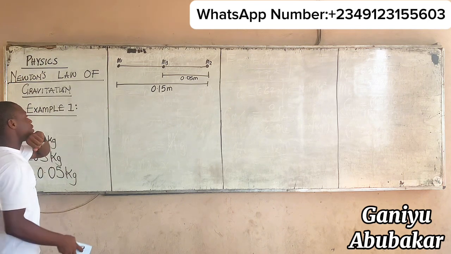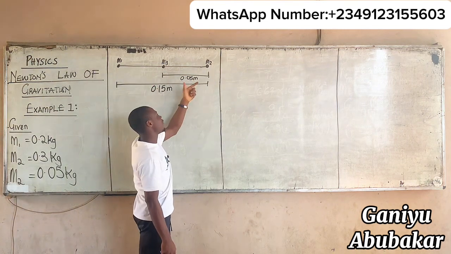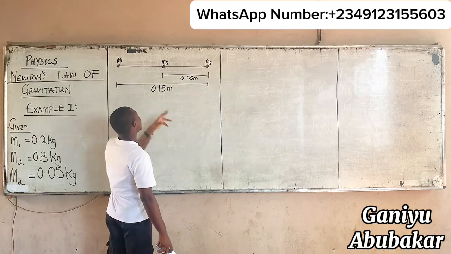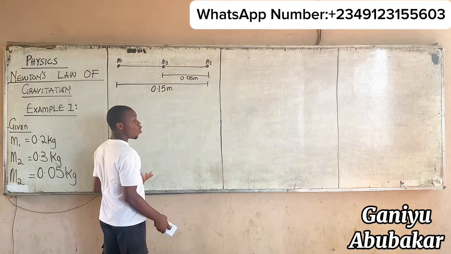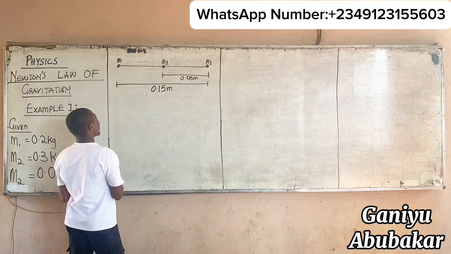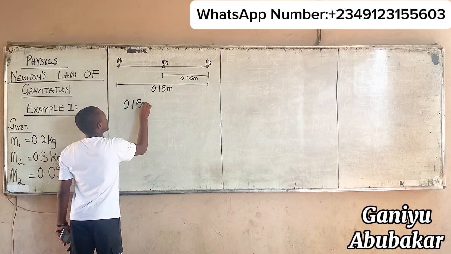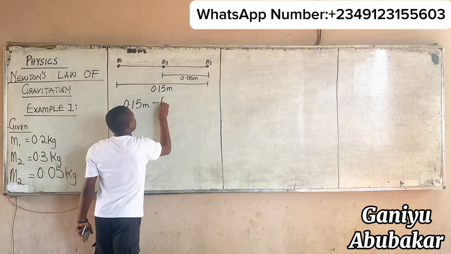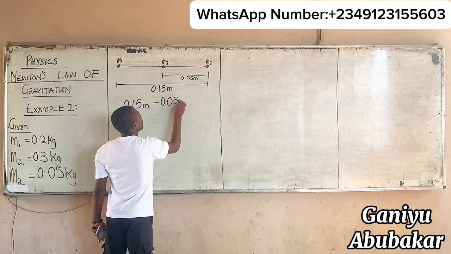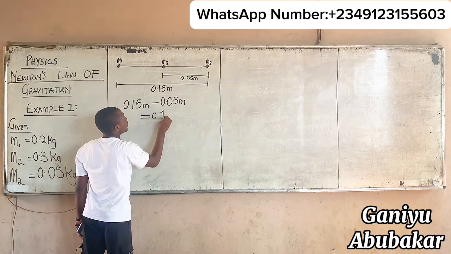Here's the concept, please. If M3 to M2 is this value, what exactly is M1 to M3, or M3 to M1? It's as easy as subtracting 0.05 meters from 0.15 meter. This will give us 0.1 meters.